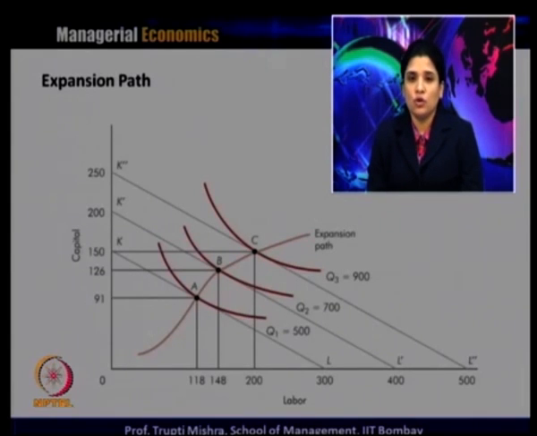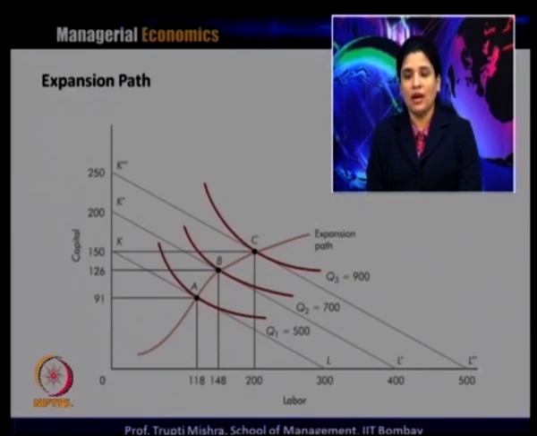KL is one isocost, K dash L dash is another isocost, K double dash L double dash is another isocost, and A, B, C are three different points which talk about three different levels of output with three optimal input combinations. And if you join these 3 points, you get an expansion path which is the locus of the least input combination.